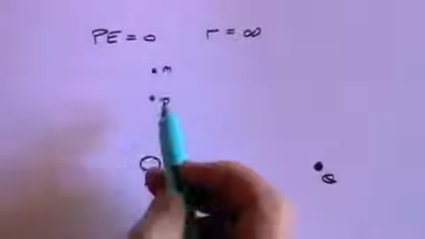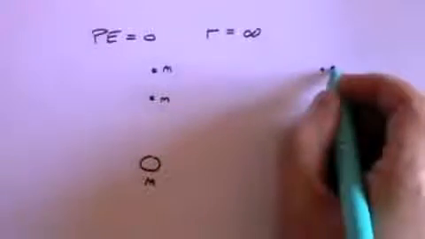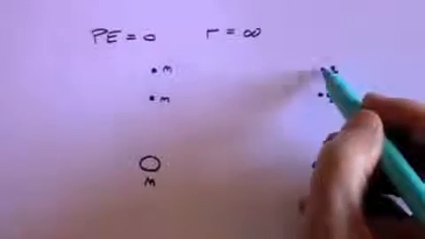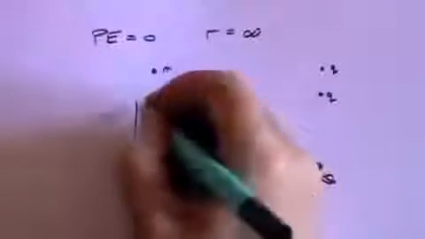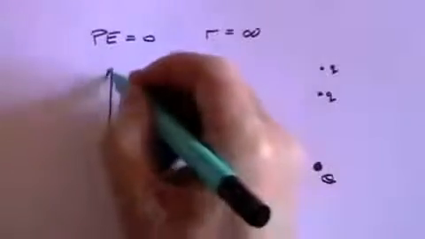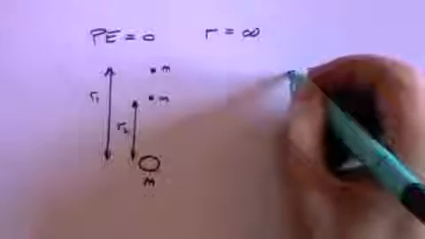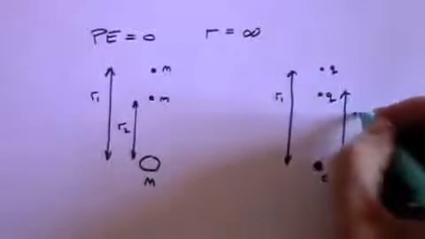So that's position 1, that's a later position, position 2. And here you have a test charge, and you move it to here. So the charge moves from here to here. This is distance R2, this is distance R1, and similarly here, this is distance R1, this is distance R2.